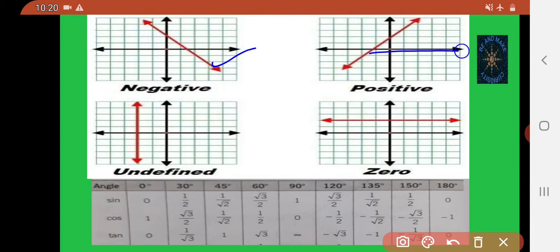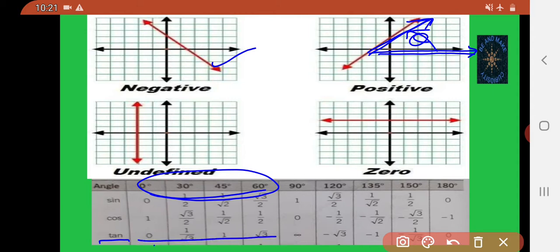Here the angle of inclination is theta, the angle between the positive x-axis and the line. The inclination is always measured in the anti-clockwise direction. So this is theta and that is an acute angle. Tan 30 degree, tan 45 degree, tan 60 degree.